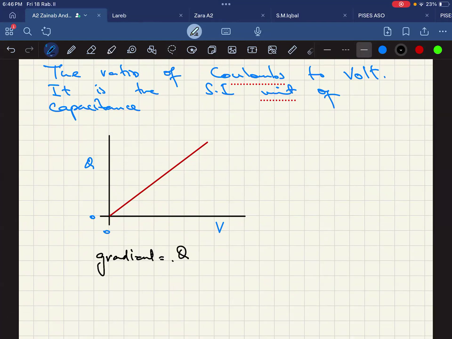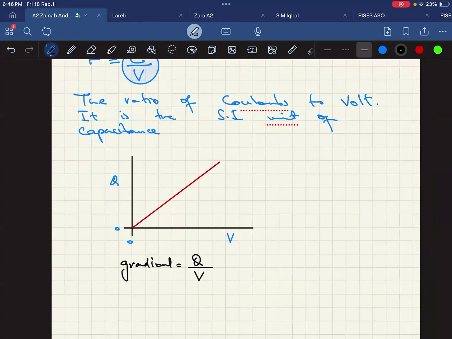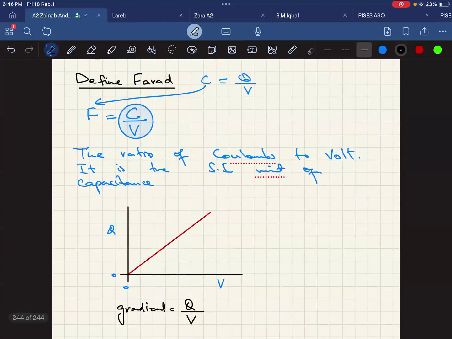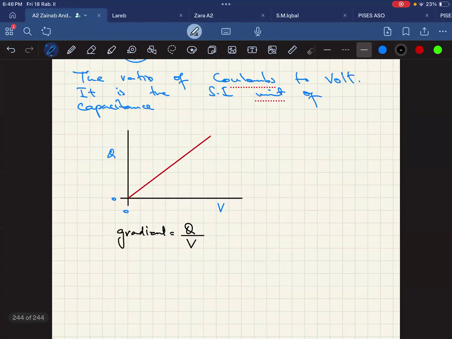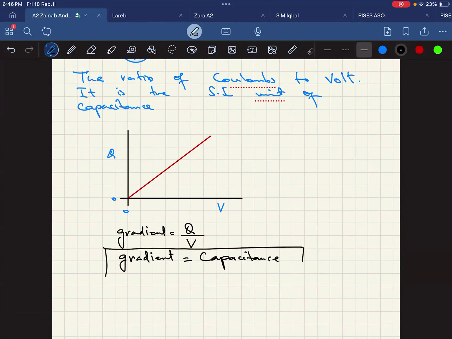Change in y is Q, change in x is V. Don't you think Q upon V is capacitance, right? That we have described above as well. We can say that the gradient of this graph is always equal to the capacitance. So if you want to calculate the capacitance, you just calculate the gradient, which will get you the capacitance. But remember one thing, it should be a straight line.